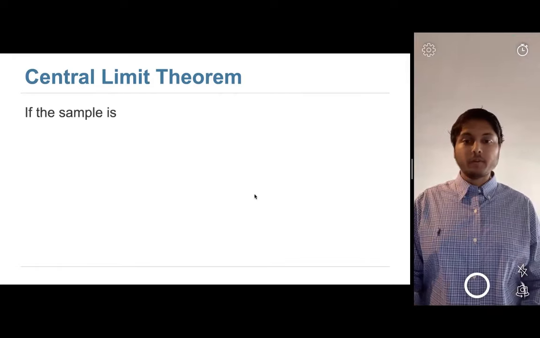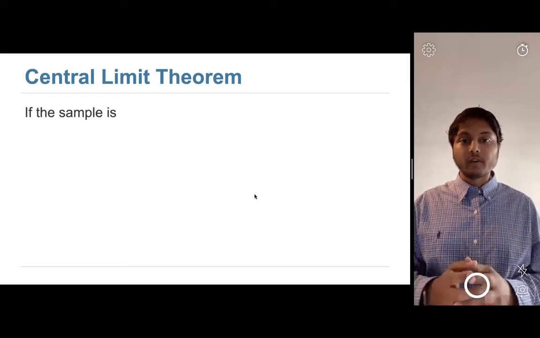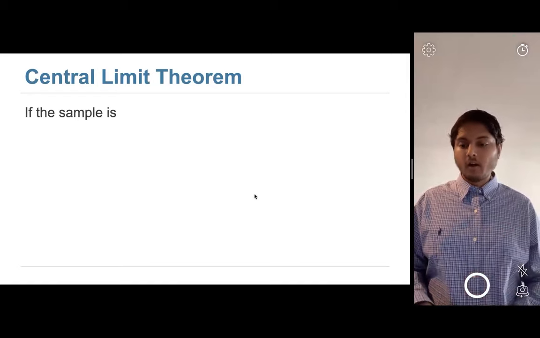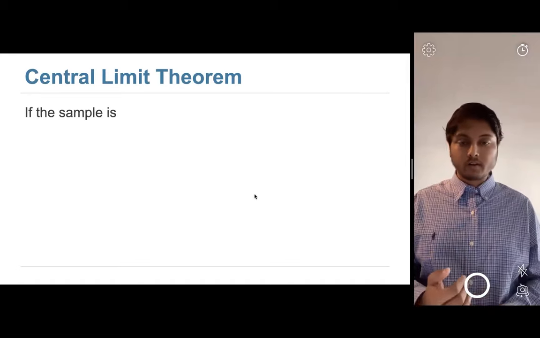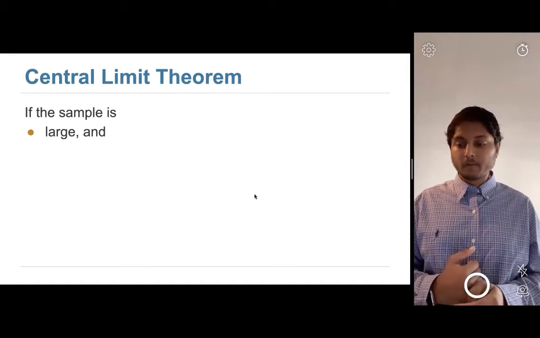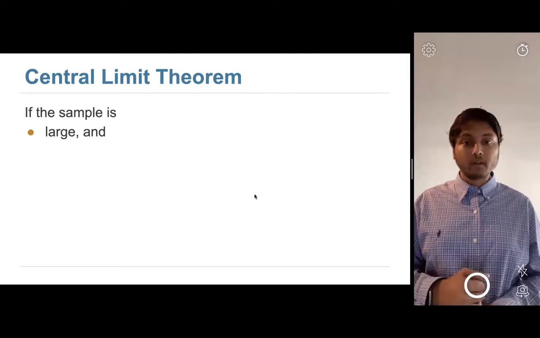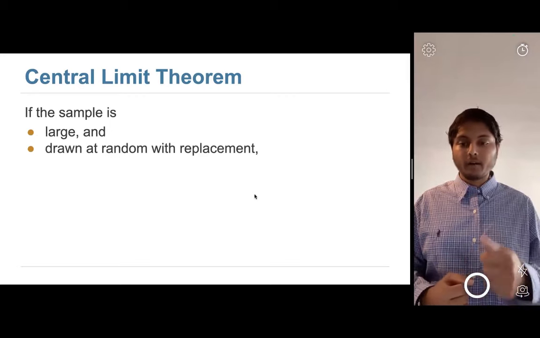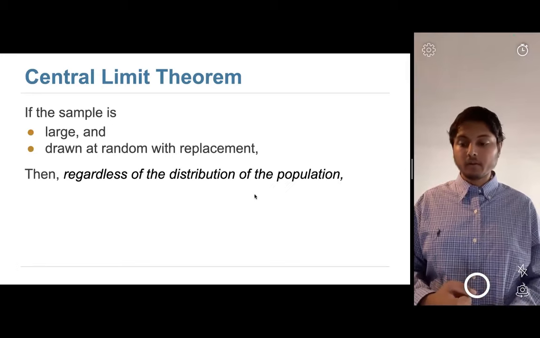The central limit theorem allows us to create that sense of confidence in a slightly different way that's even easier. It only holds under certain conditions. Specifically, you need your sample size to be really large, and you need to make sure that everybody in your sample is drawn at random with replacement.